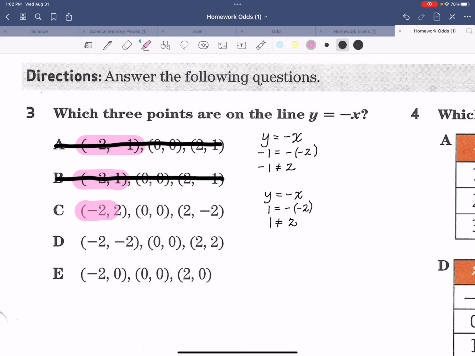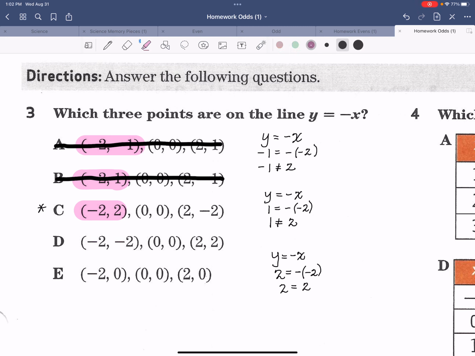Okay, let's try this point. So I get y equals -x. So 2 equals -2. 2 equals 2. Okay, I like that one. So this one is possible. Let's put a star by it. Because remember, all of the points have to work.